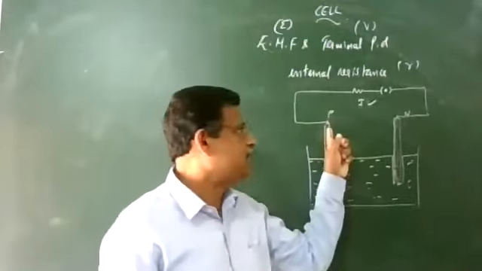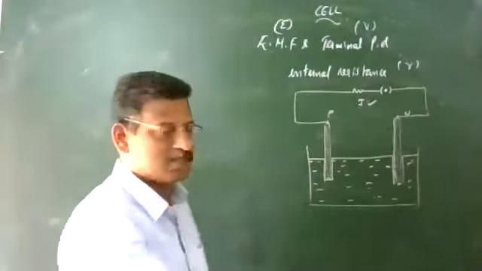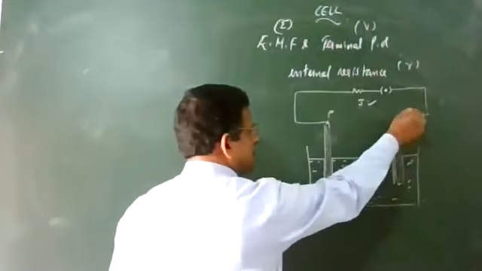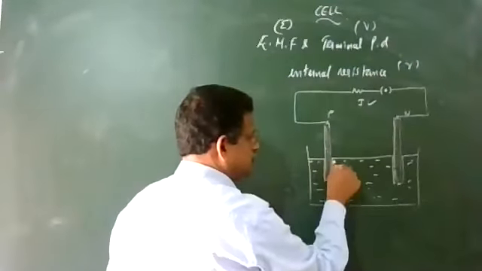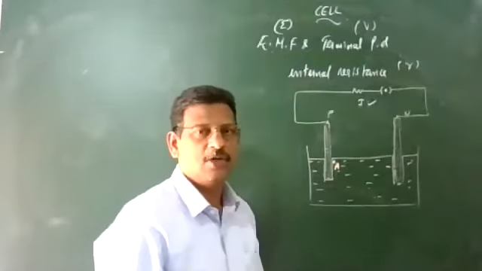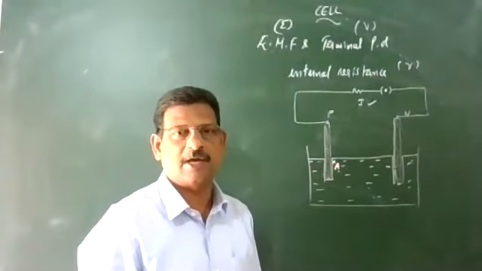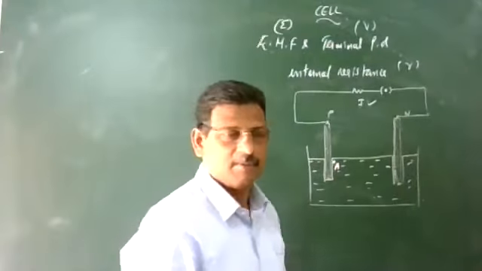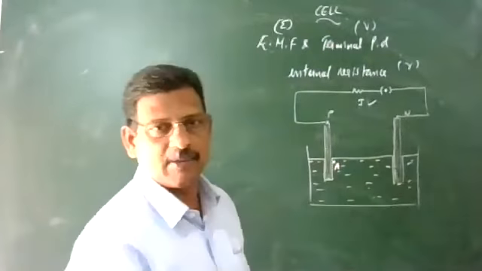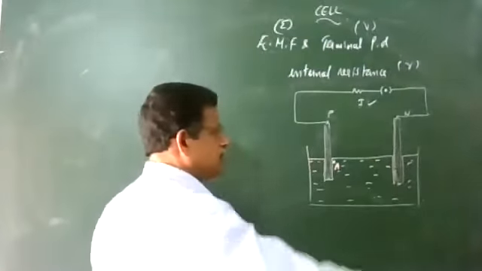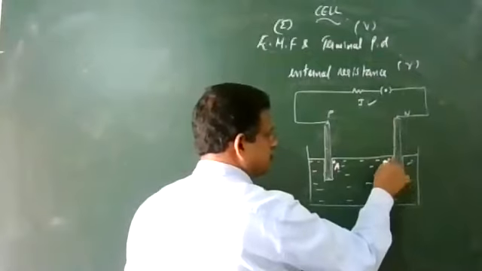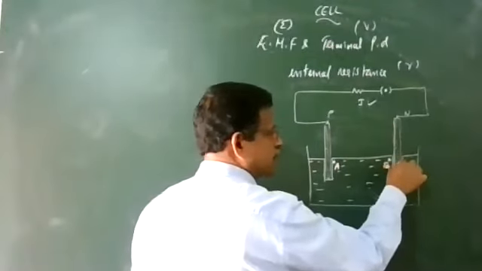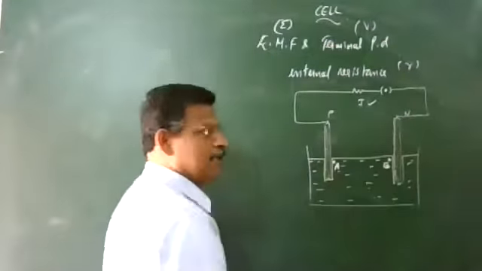If I am marking some potentials here, you can discuss here. This is the positive electrode, this is the negative electrode. If I take two points here, point A is in the electrolyte, but very close to the positive electrode. And B is a point, again in the electrolyte, but very close to the negative electrode.